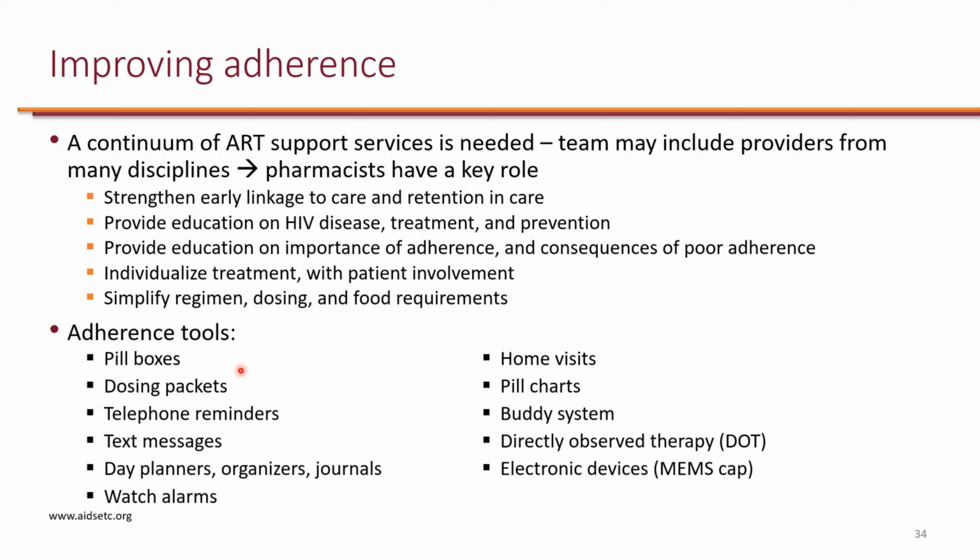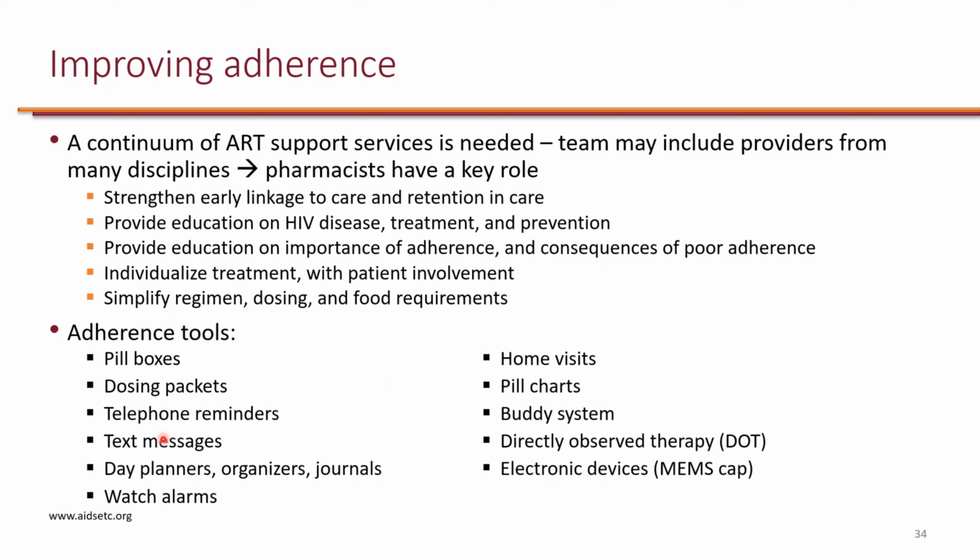Whereas a pill box might not be as useful for just a single drug once a day, since pill boxes are large and take space as compared to a single bottle. But if somebody has multiple bottles of pills, a pill box will be very valuable. There are dosing packets that we can use to make it easier for patients. And of course, because oftentimes patients forget to take their drugs, there are tools we can use to remind them.